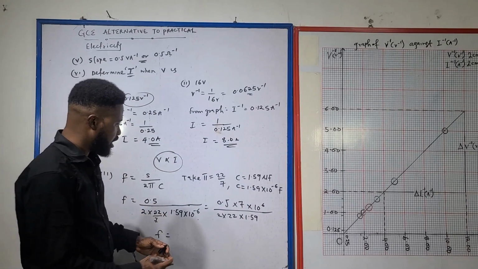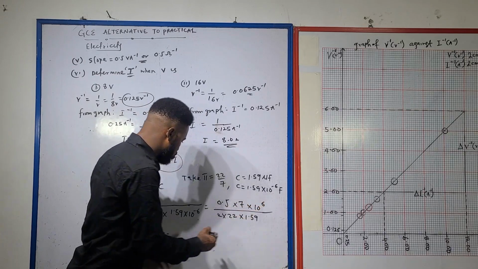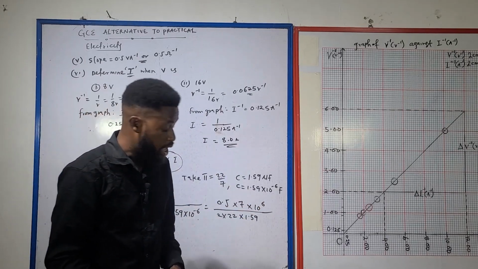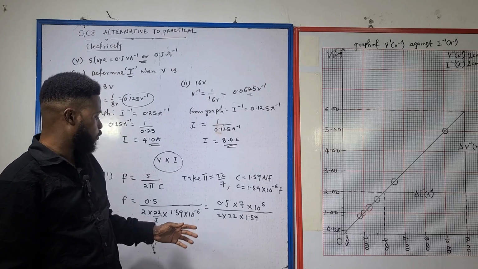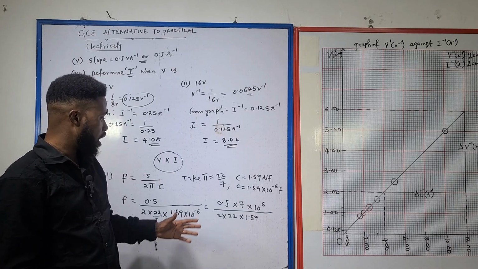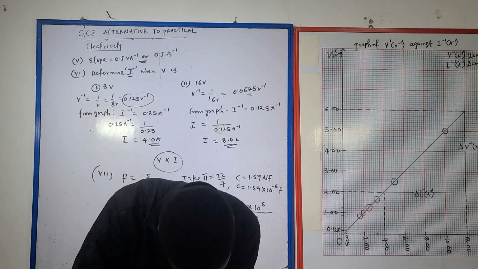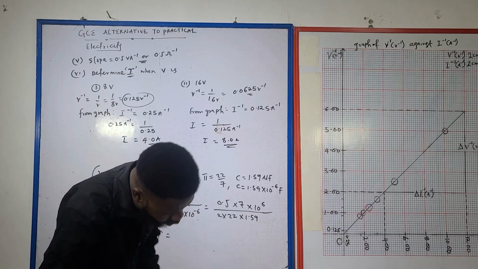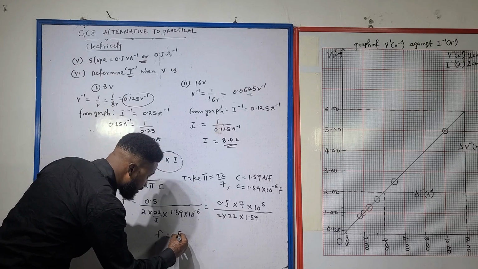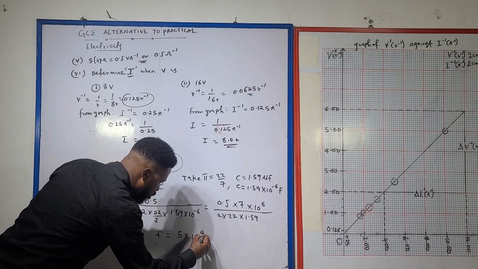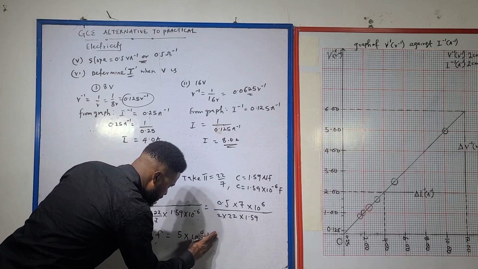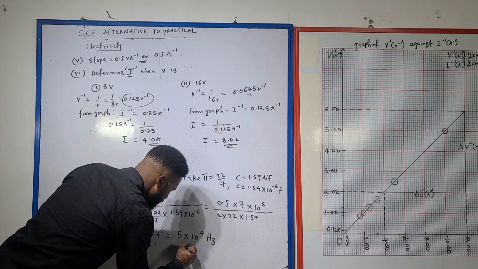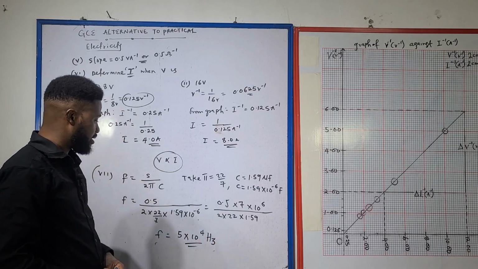If you're very conversant with indices, you should know that this is now going to move up, and of course it's going to become a plus. So if you compute all this, what you have is 5 times 10 raised to power 4 hertz. Your frequency is always in hertz.